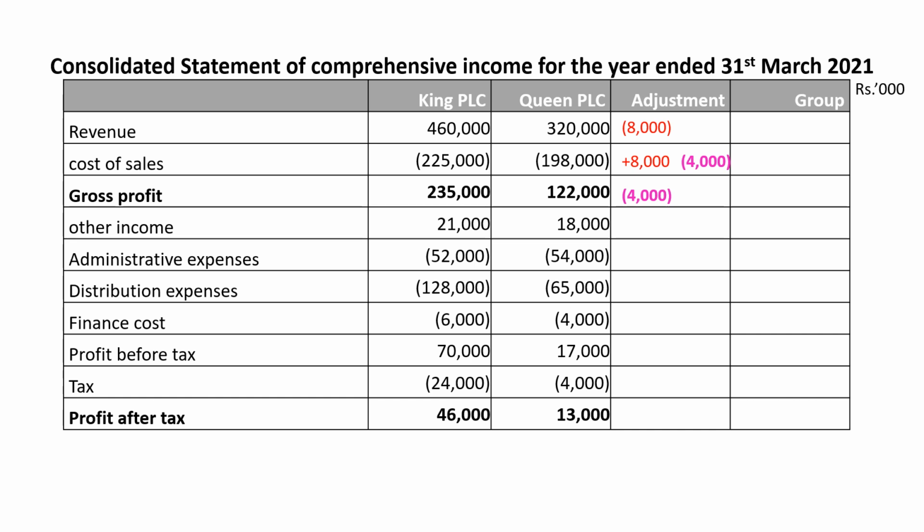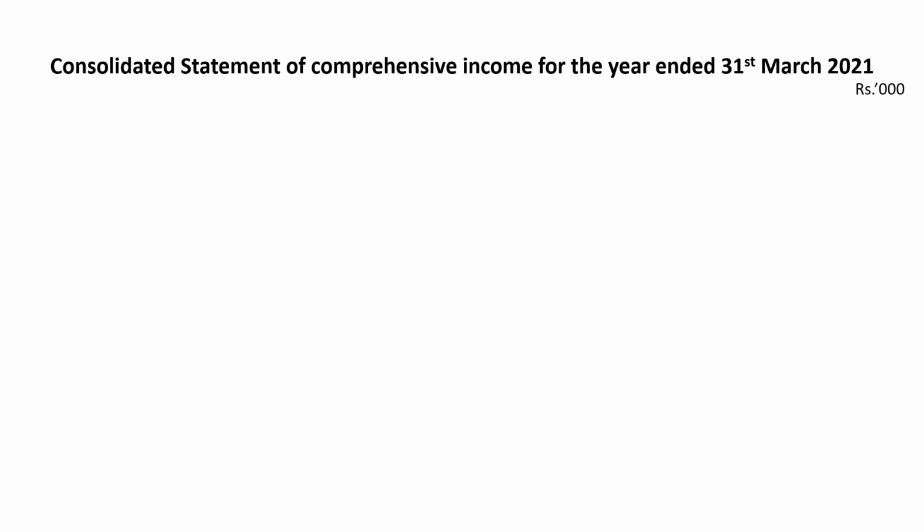After this transaction, the revenue figure would be 772,000, the cost of sales will be 419,000, and the gross profit figure will be 353,000. Please check whether you are getting the accurate figure. After preparing the income statement, we are going to prepare the comprehensive income statement.